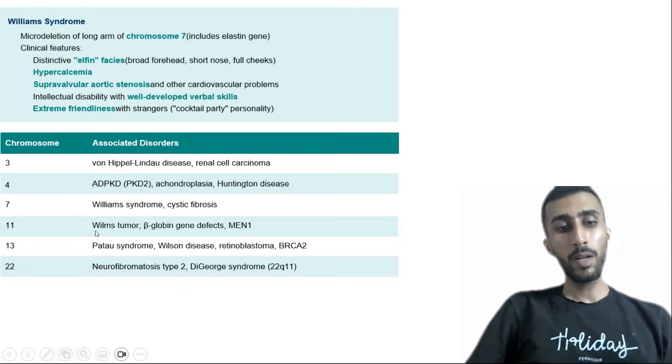Also at 11, MEN1 syndrome and beta globin defects. 13, remember, Wilson disease, BRCA2 and retinoblastoma, and 22, neurofibromatosis type 2, and DiGeorge syndrome, 22q11.